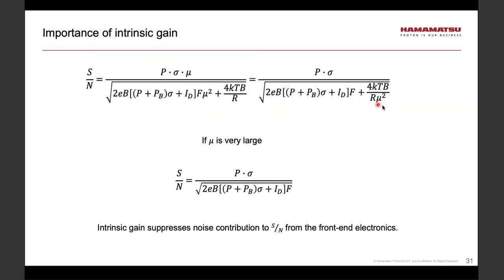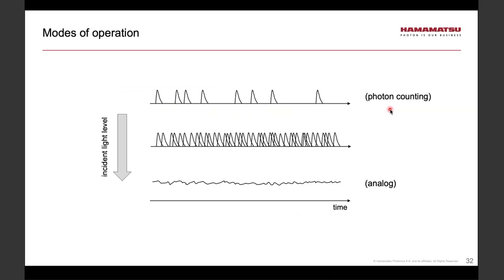If the gain is very large, this term here can be made negligible. But this term represents the noise of the front-end electronics, which in this equation would be a resistor, but in some sense it doesn't matter. And so the intrinsic gain suppresses the noise of the front-end electronics, ultimately improving the overall detection signal-to-noise ratio.